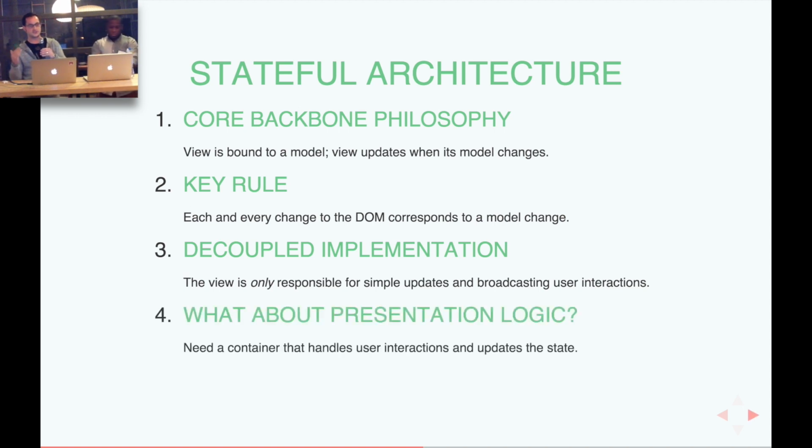So what to do with all that presentation logic? What happens from the time a user clicks a button and a button click event is fired to the point that we have actionable state information that a view can react to? We need a container that handles user interactions and updates the state for those views.